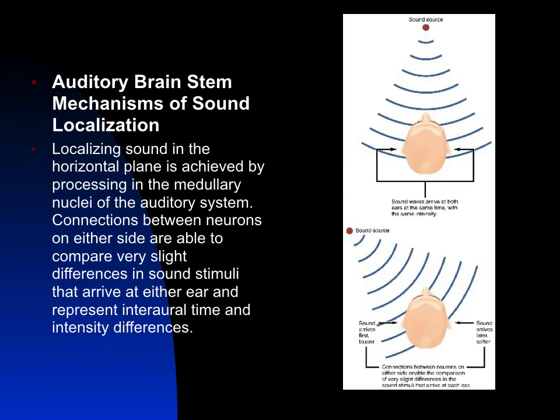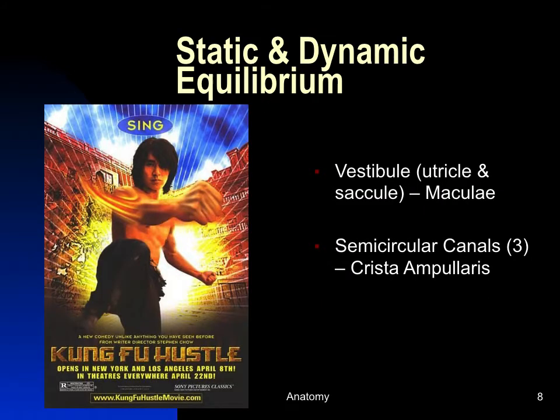The brain can localize sound by which ear hears it first, and so we can detect very slight differences in the time that vibration gets to the ear. That helps us locate sounds. In addition, the inner ear has structures that help us determine static and dynamic equilibrium.